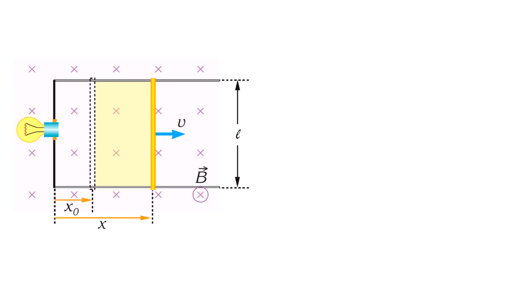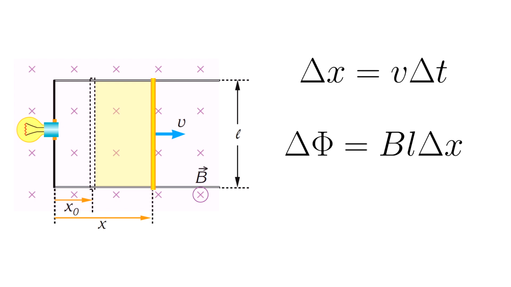And because the area enclosed by the circuit at any instant is L times delta x, the flux can be found by this expression. So actually flux is magnetic field times area, and we said area can be found by multiplying delta x to the length of the conductor, and delta x here is the change in position, x minus x0.